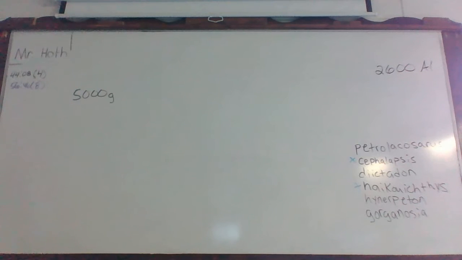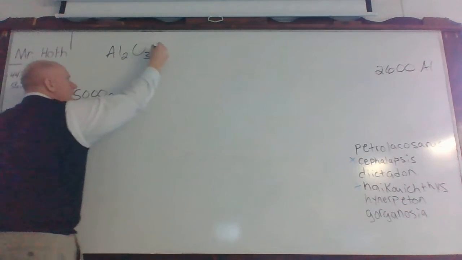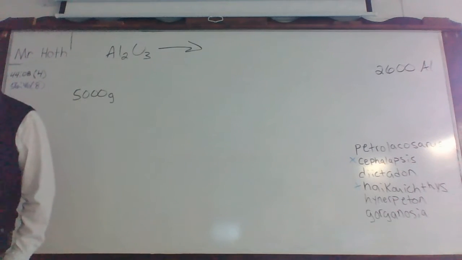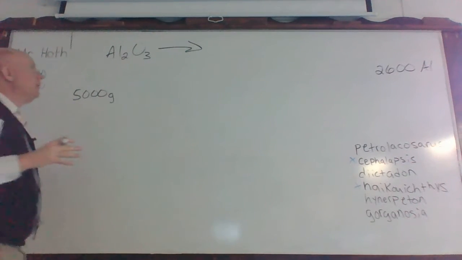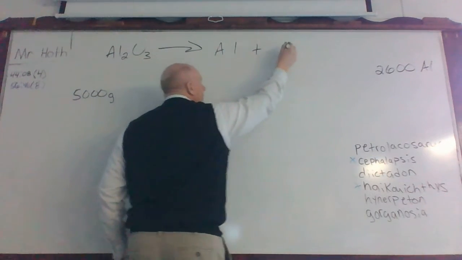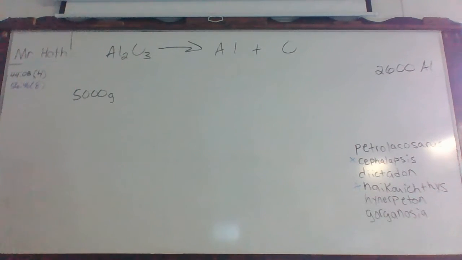All right. So, next thing, you have aluminum oxide. And that decomposes. So, what does that mean within a decomposition reaction? What happens to the right side? Okay? So, if it breaks down, we've got this. So, is that written correctly right now? No, it's not.